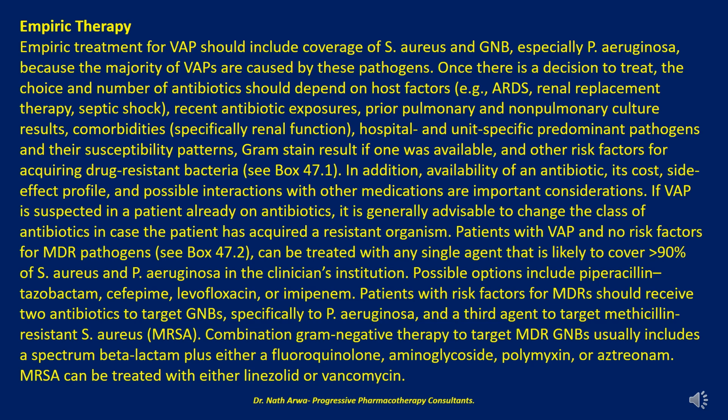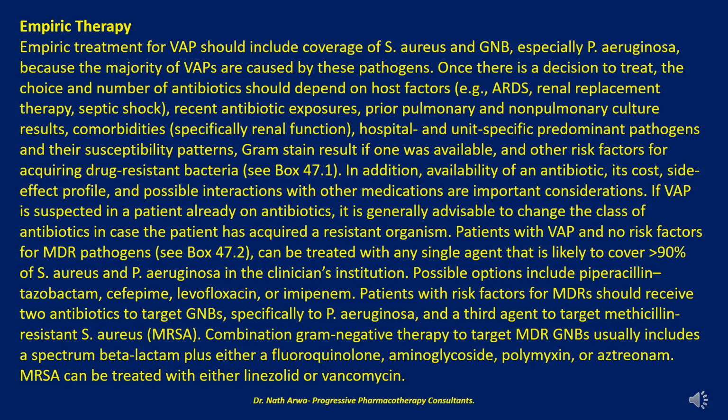Patients with ventilator-associated pneumonia and no risk factors for multi-drug resistant pathogens, see box 47.2, can be treated with any single agent that is likely to cover more than 90% of Staphylococcus aureus and Pseudomonas aeruginosa in the clinician's institution. Possible options include piperacillin tazobactam, cefepime, levofloxacin, or imipenem.